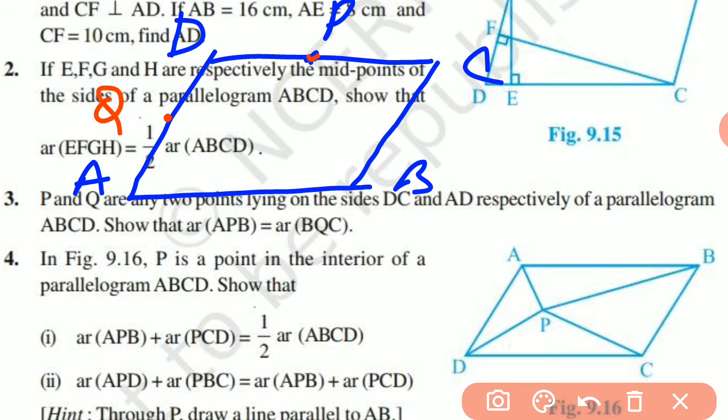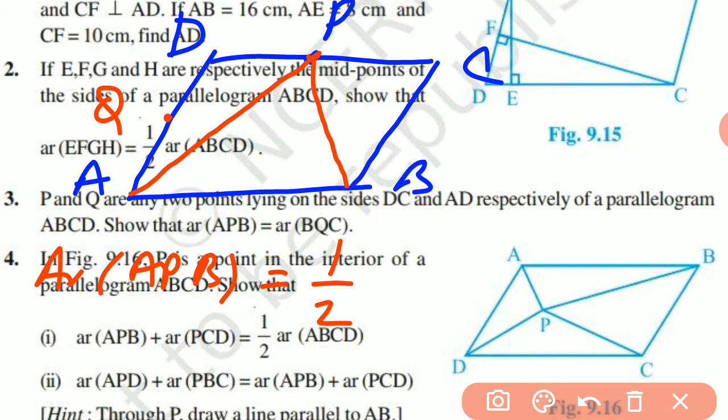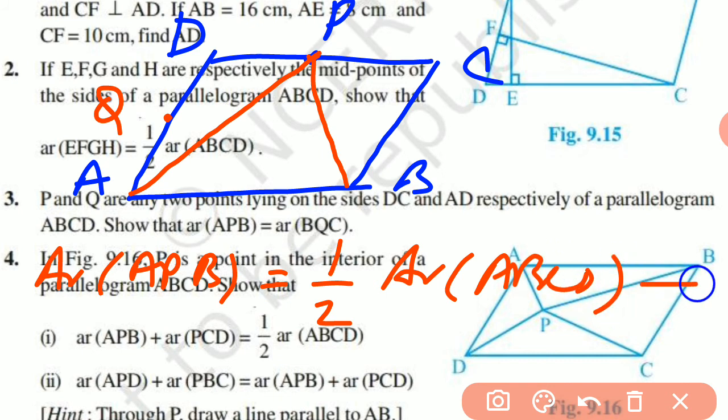Now area of APB, this is APB. We know that area of triangle APB is half of the area of parallelogram ABCD. This is equation 1.